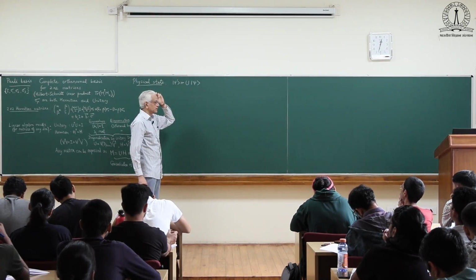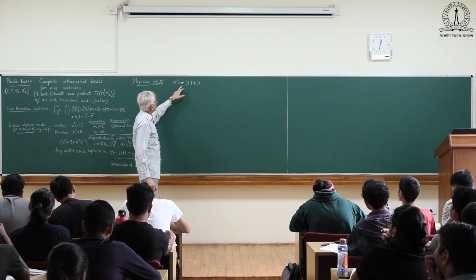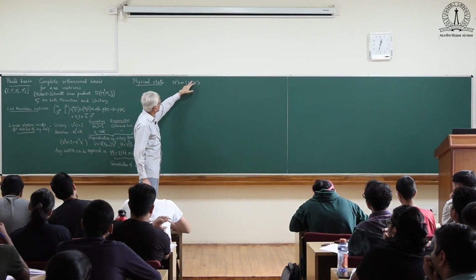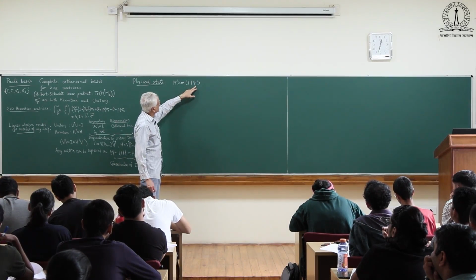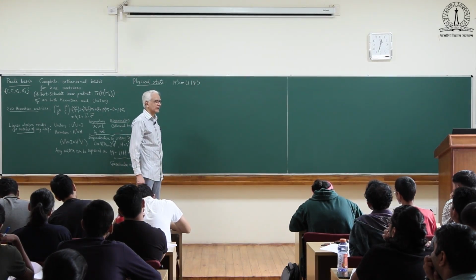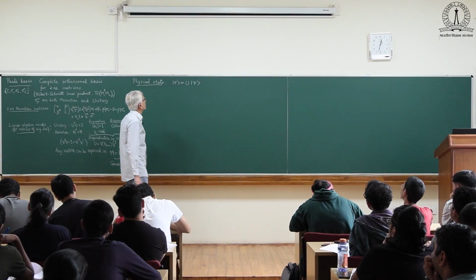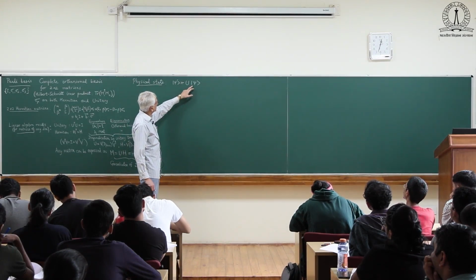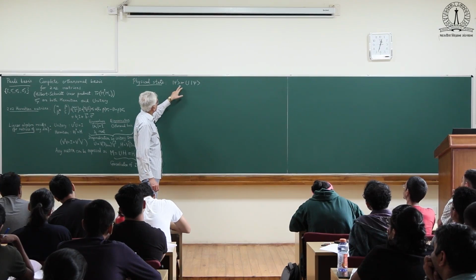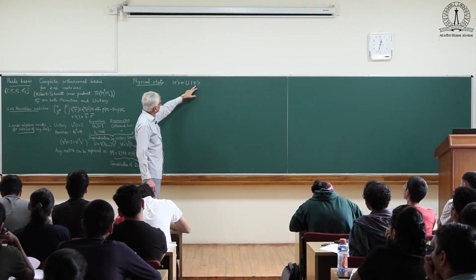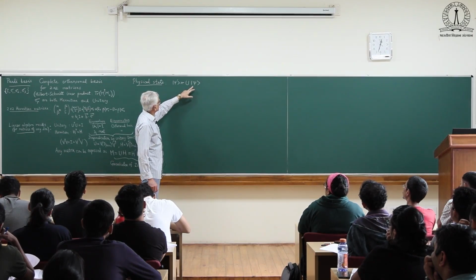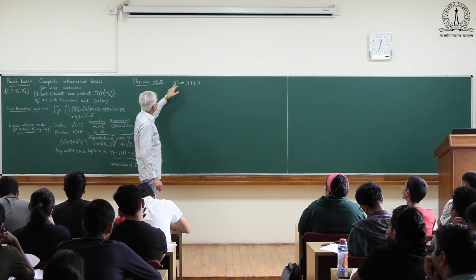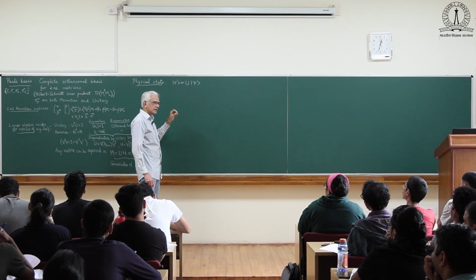I wrote down this last time, and one can now try to understand what is the geometrical description of this two-component vector. Okay. So one thing is obvious from this equation itself, that if I multiply psi by a constant, means just a number, the psi prime will get multiplied by the same number.